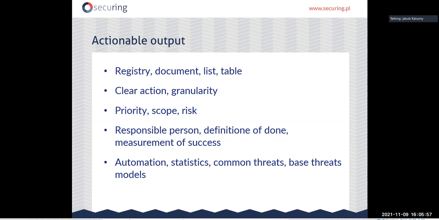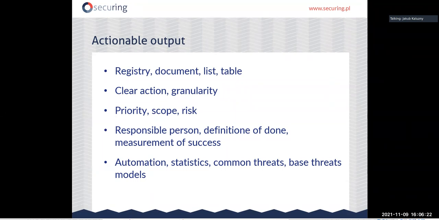In order to have actionable output, we want to have this registry of threats. We want to have a kind of document or a list or a table. Sometimes this is in a tool, for example Jira, or there are some custom tools and products to actually make lists of threats, log them and action the output, right?